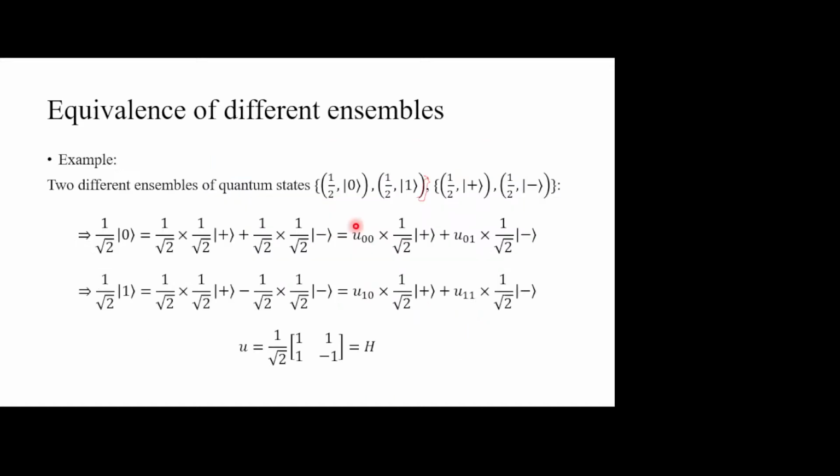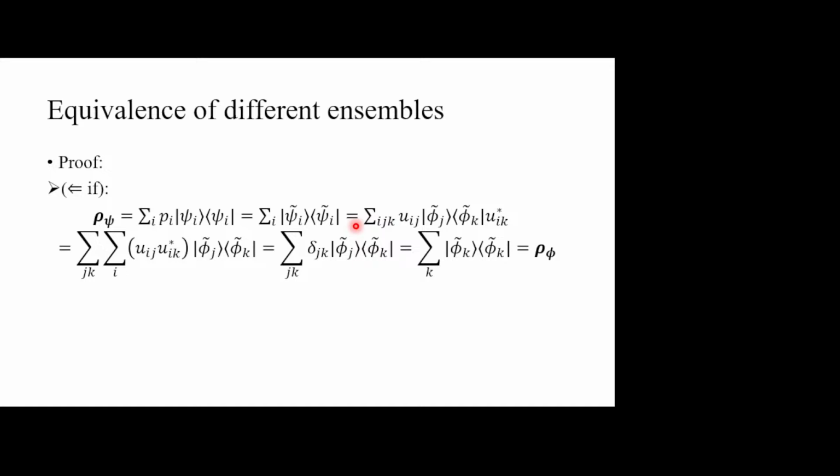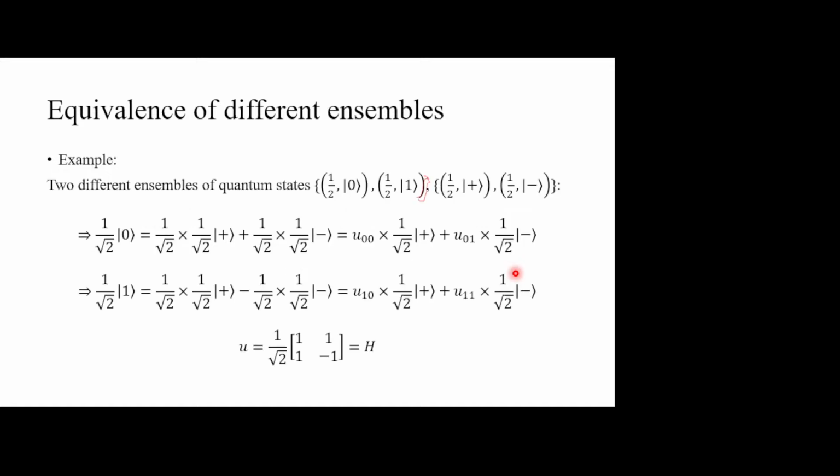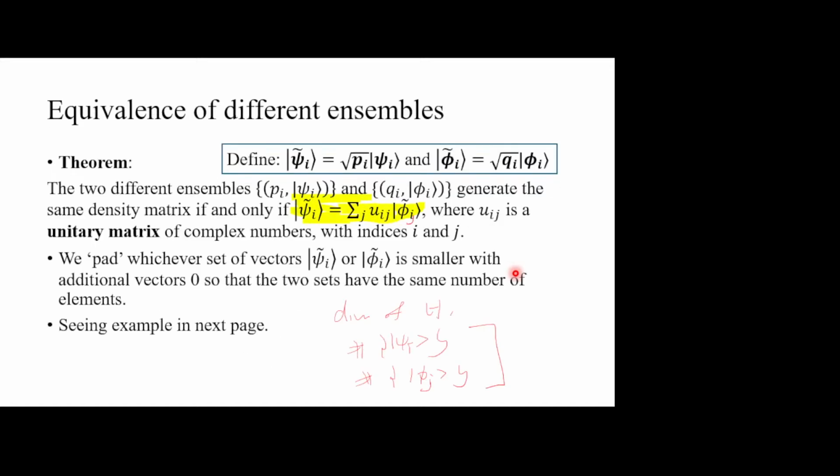Once again, this is an if and only if theorem. So there are two directions, and we start with the easier direction where we have two ensembles, those psi i and those phi j.